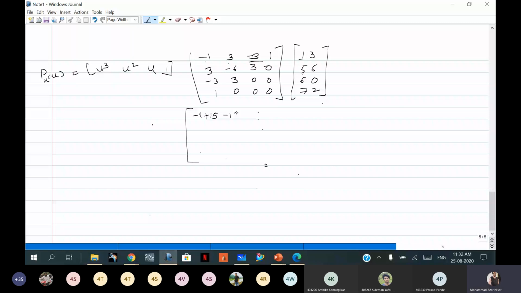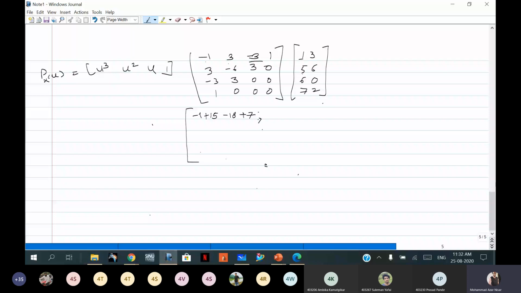In this way, after solving this, this will be the value for x.